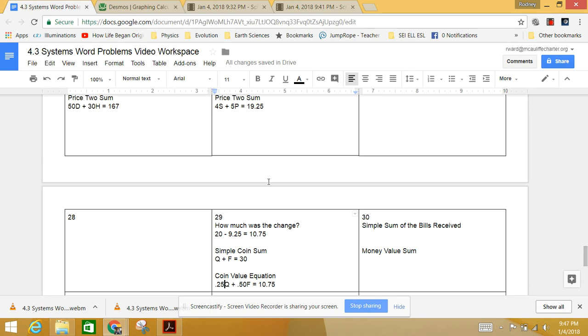This is the value of the total number of quarters, this is the value of the total number of 50-cent pieces, and they have to add up to the change of $10.75.